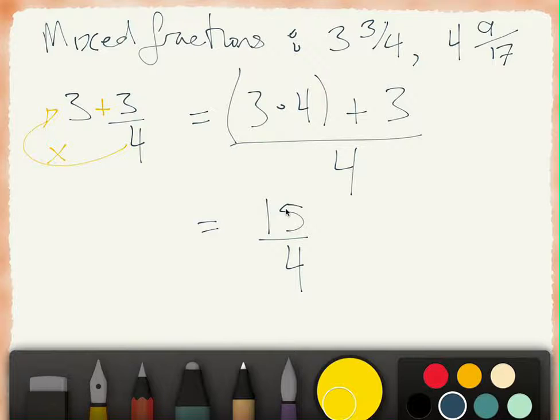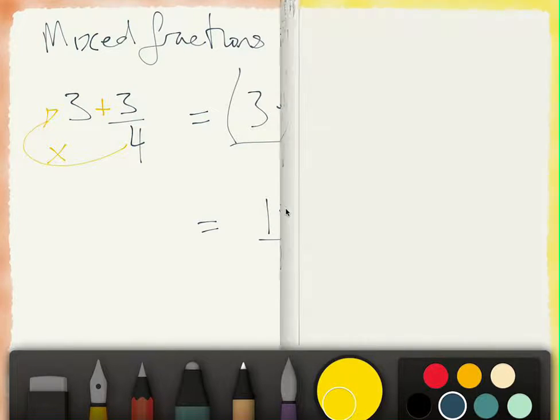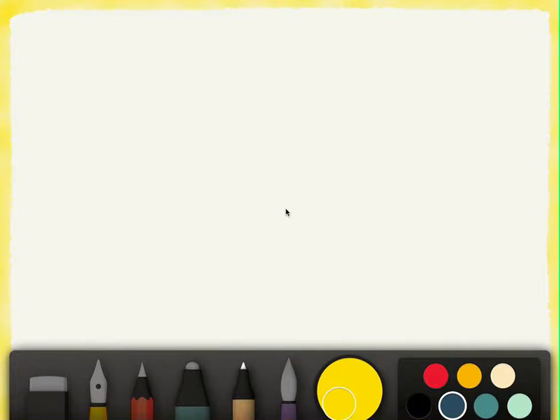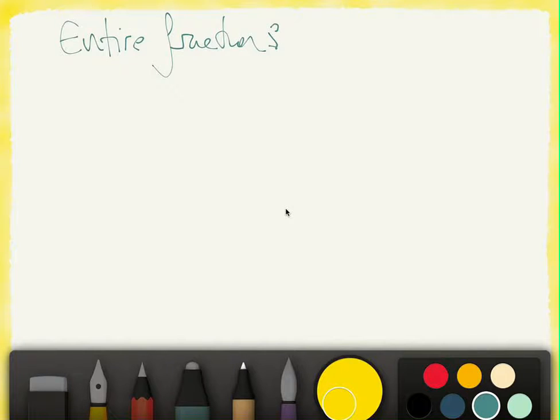We can also go the other way, which is just simply a reverse, if we wanted to take an entire fraction and turn it into a mixed fraction. So that's what we'll do next. In this case, let's start with an entire fraction. So let's take 155 over 10.